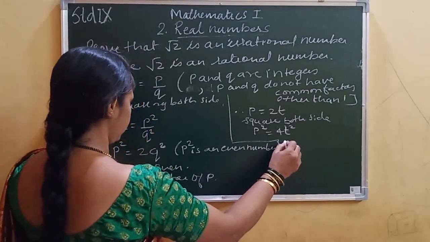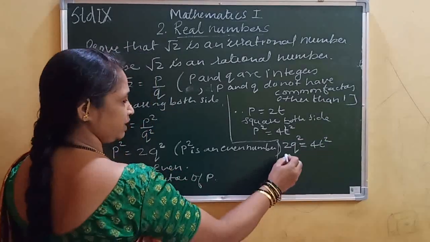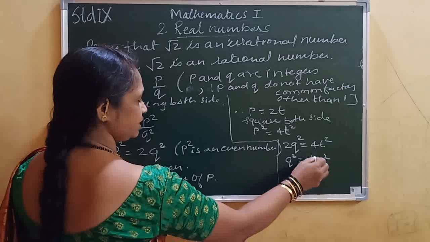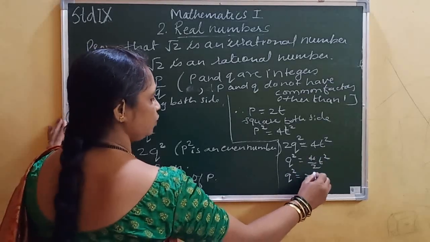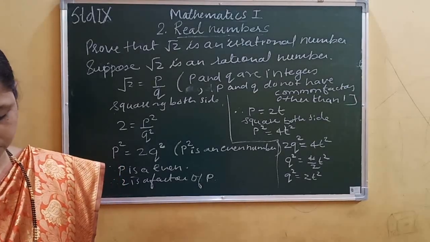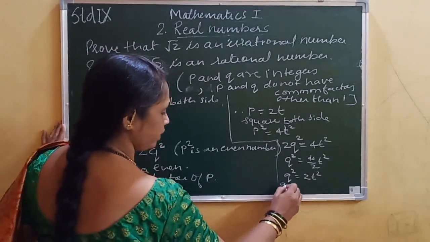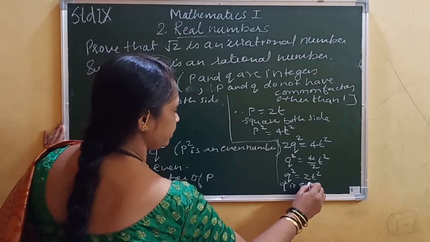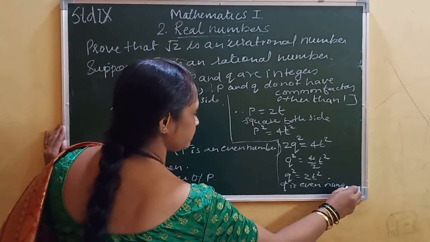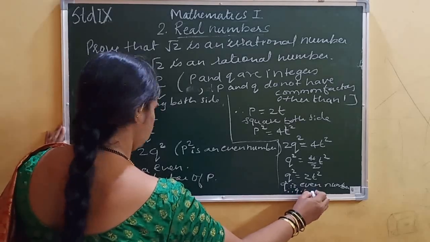So we substitute p square as 2q square, which will be equal to 4t square. Means q square is equal to 4 upon 2 t square, so q square is equal to 2t square. Okay, means q square is even, therefore q is also even.